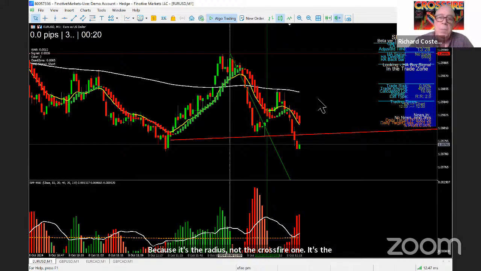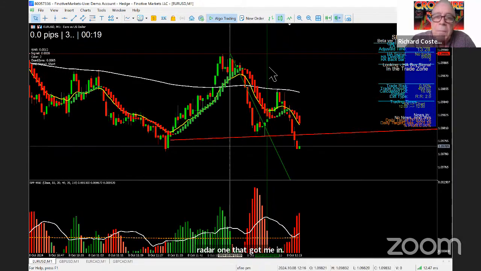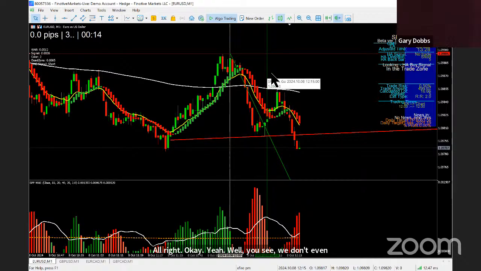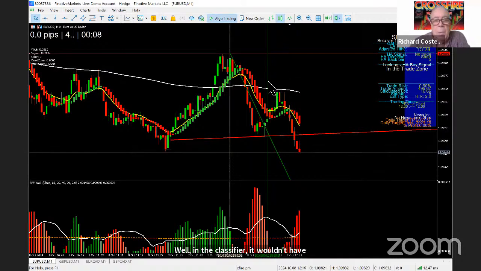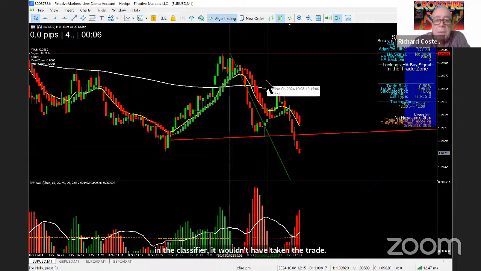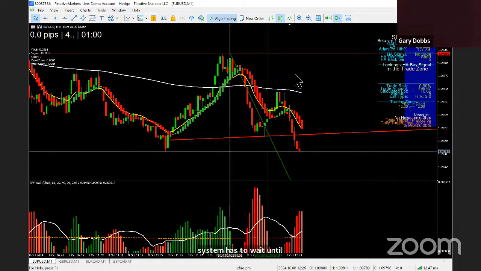Yeah, we don't even start looking for trades until 13:15. In the crossfire, it wouldn't have taken the trade anyway, because the trading system has to wait until 1:15 to take any trade. So that's why nothing's showing here.